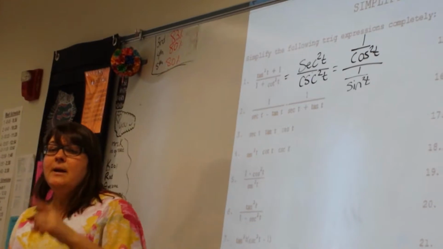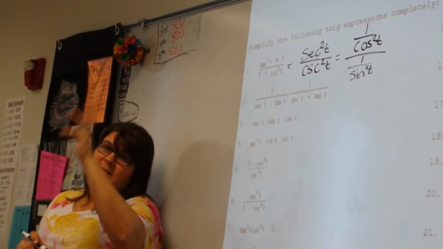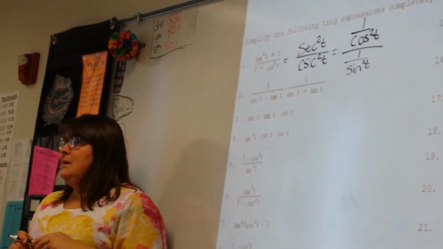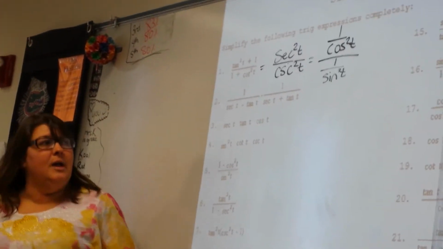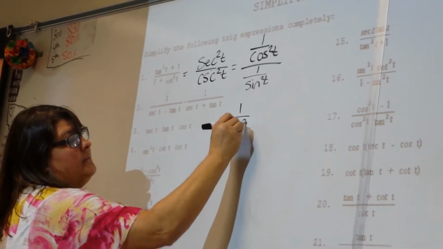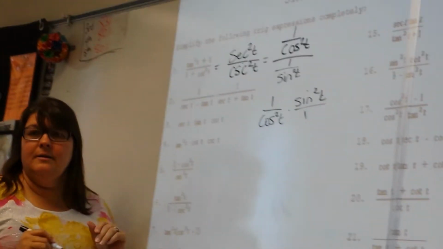So now that I've taken my Pythagorean identities and recognized them, now I'm at a place where I have to make the sine and cosine thing work for me. Now I have a fraction over a fraction, and it's being divided, so I do the reciprocal and multiply. Okay, so I'm going to take this guy and flip it up. So I've got this times this. So far, so good?